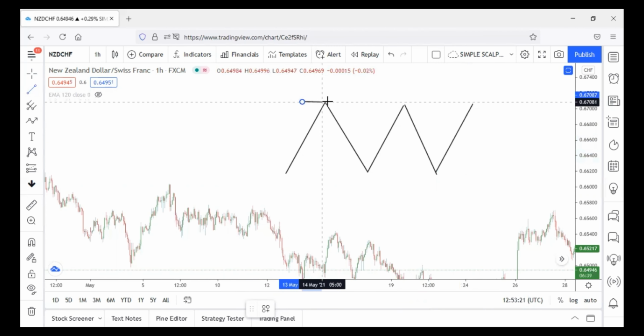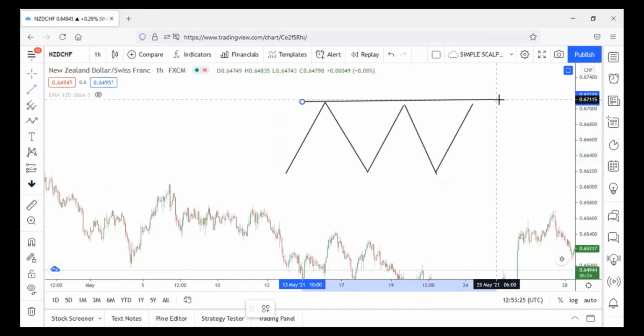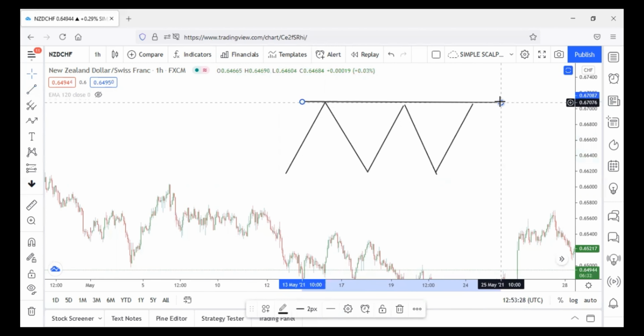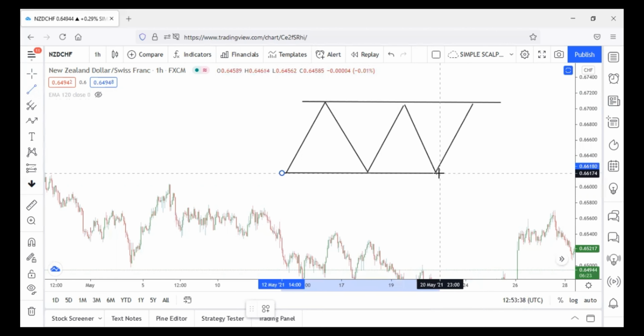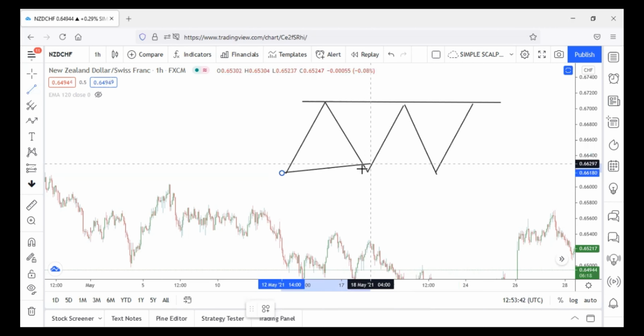You want to connect one, two, minimum two areas or three together before you can consider this as a resistance. And in the case of support, you want to look for first touch, second touch, and third touch. But minimum, you want to look for two before you can consider the area as a support.